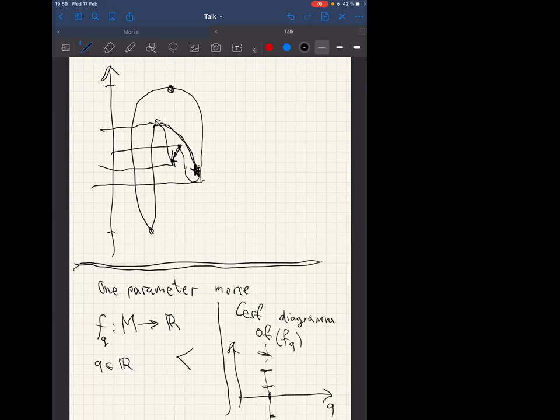And we get a curve which is called a Cerf diagram. It's a curve with simple transversal self-intersections.